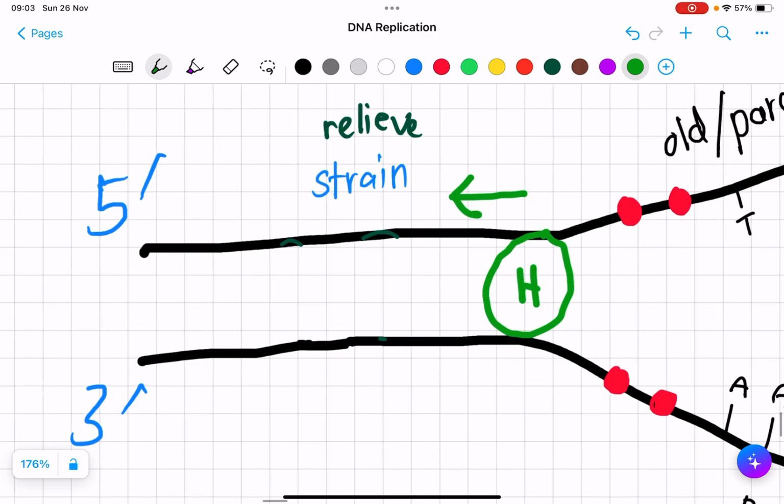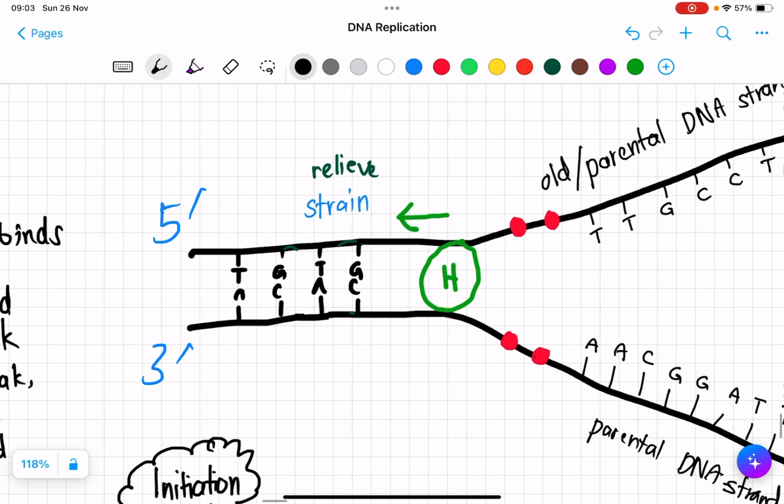So next, the strand dekat depan ni yang belum unwind. So kalau saya tulis dia punya nitrogenous base, okay, ada GC. Sini tak boleh ada U ya, sebab ini adalah DNA. Saya letak je. So kawasan depan ni dia akan ada strain. Dia macam tegang, dia macam kusut.